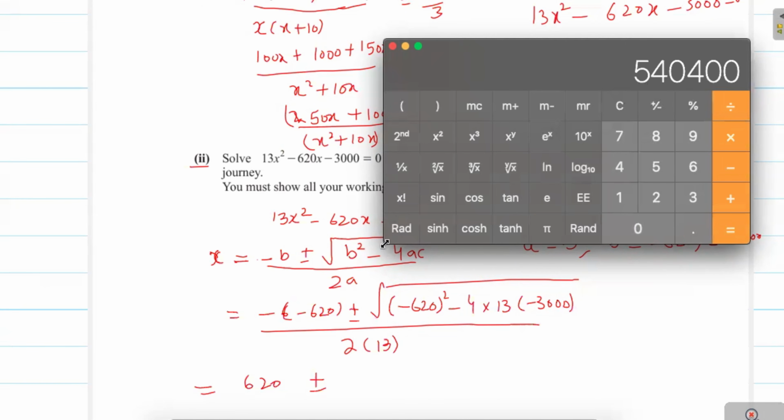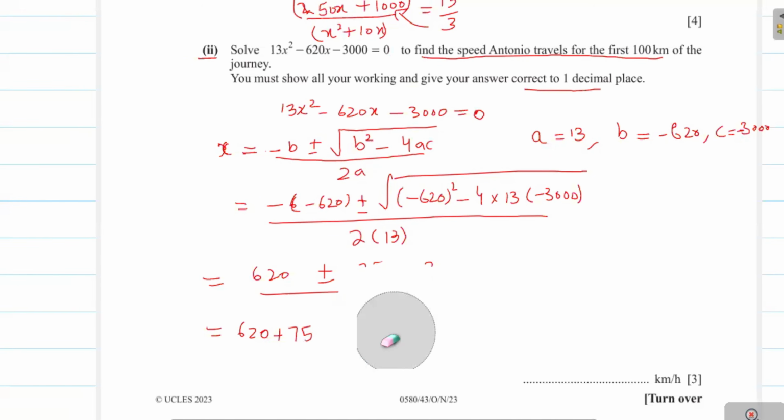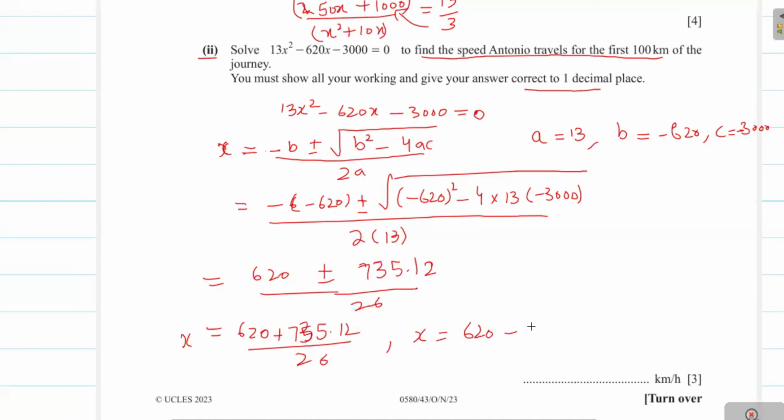This will be equal to 540,400. We take the square root, which is plus or minus 735.12, over 26. So the first value is 620 plus 735.12 over 26, and the second value is x equals 620 minus 735.12 over 26.